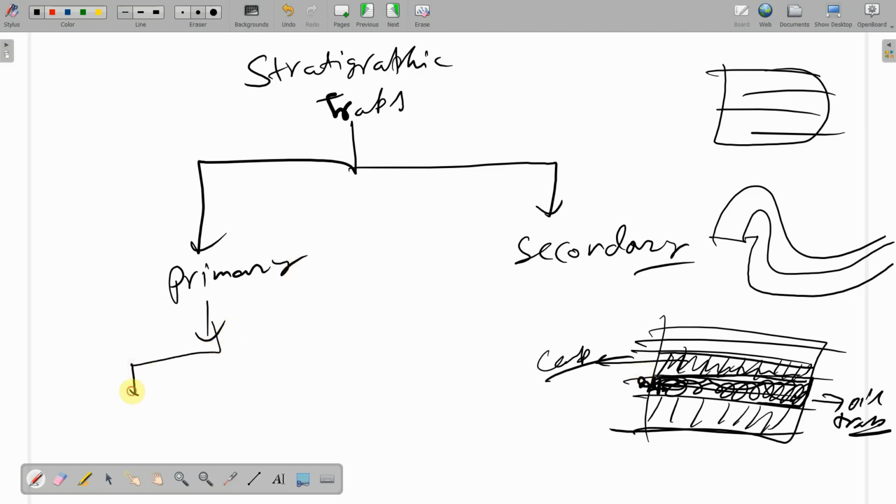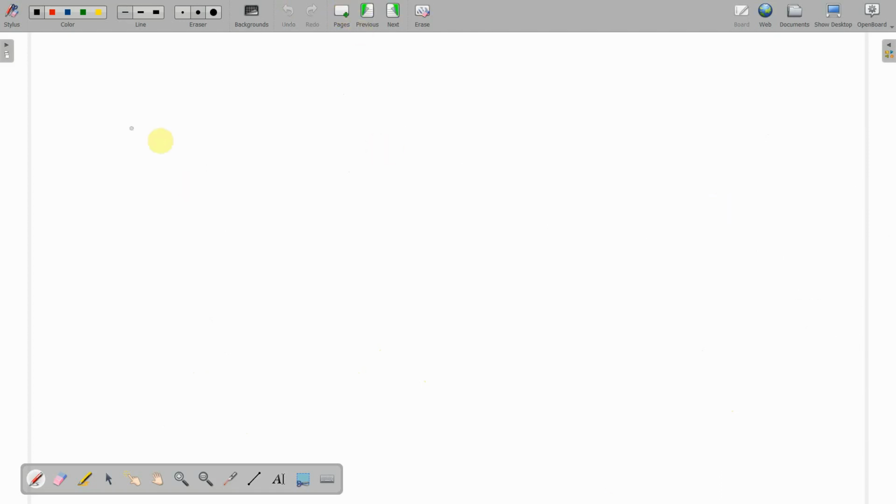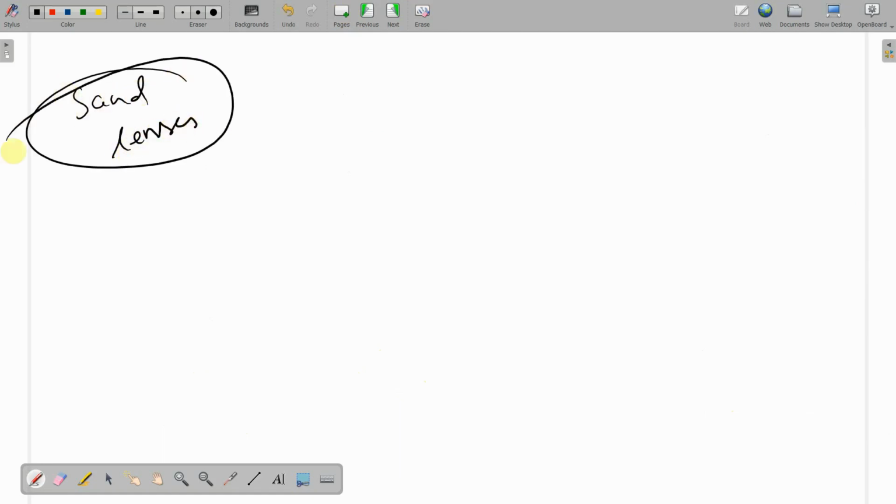So primary can be considered as the clastic, and another one is the organic. क्लासिक के बारे में मैं बता रहा हूँ. In cases there is a very common term in petroleum, that is the sand lenses. Sand lenses, what does that mean? So I am talking about the traps in the clastic rock.